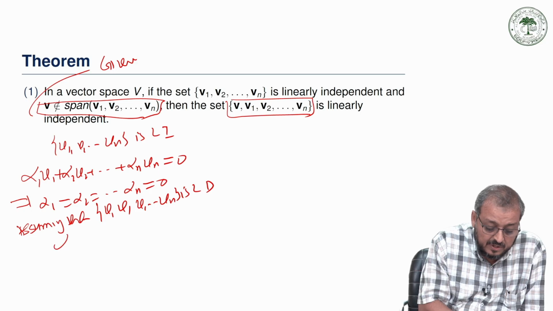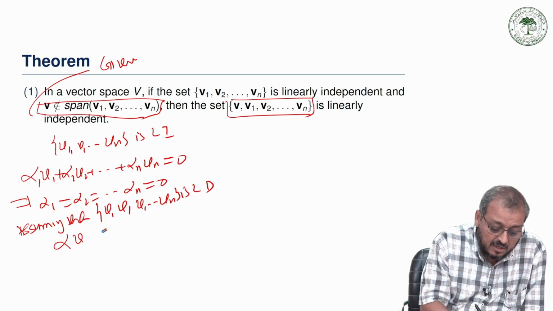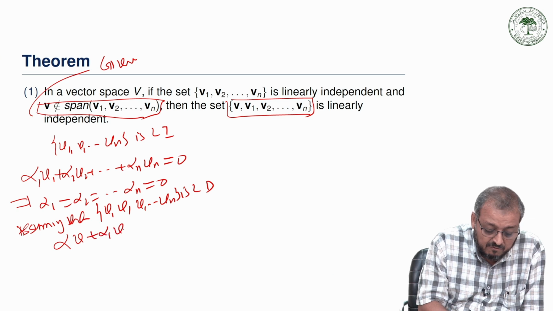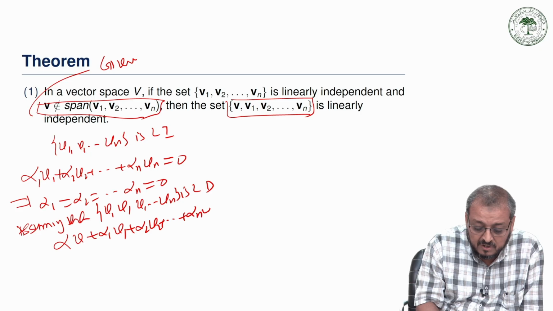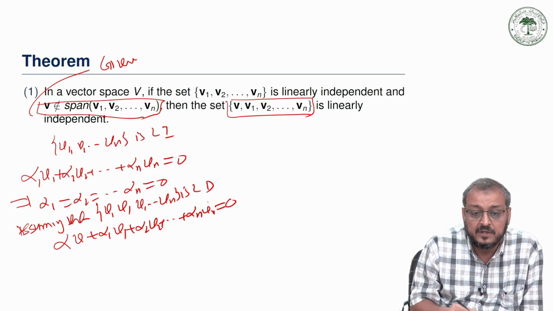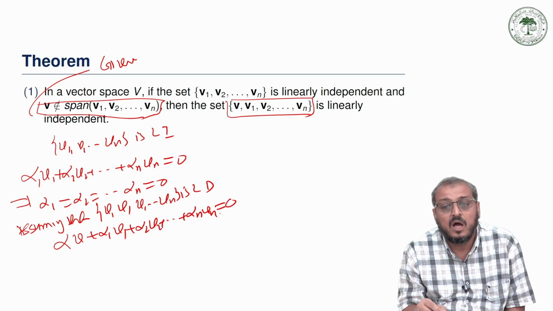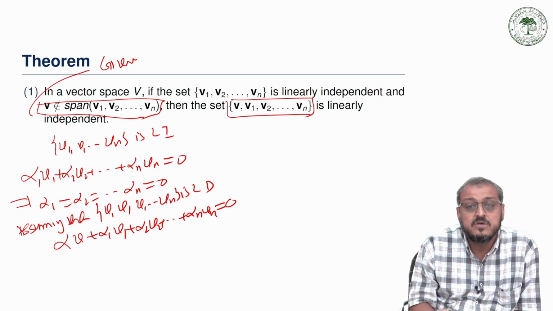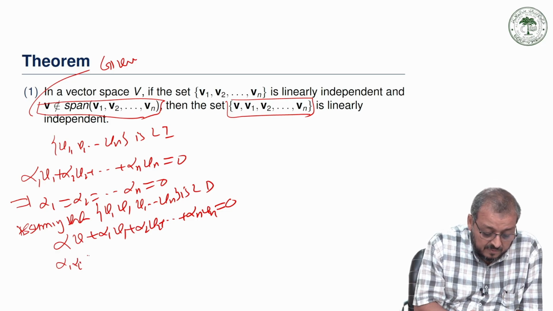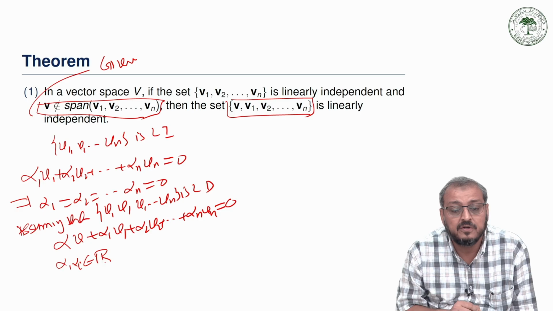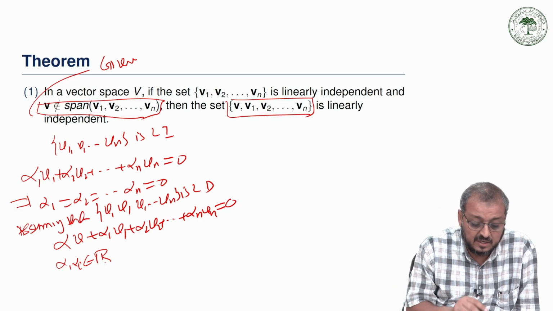That means the linear combination alpha times V plus alpha 1 V1 plus alpha 2 V2 and so on, plus alpha n Vn is equal to the zero vector. Then we try to show that at least one of the scalars is not equal to 0, where the alpha i are elements of R, because we are working over the real field, so the scalars are real numbers.